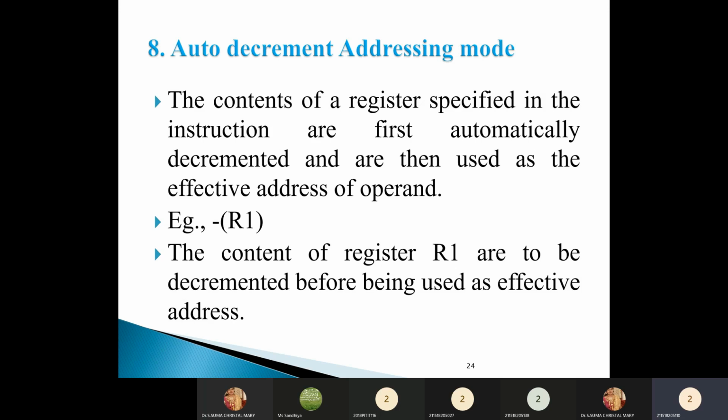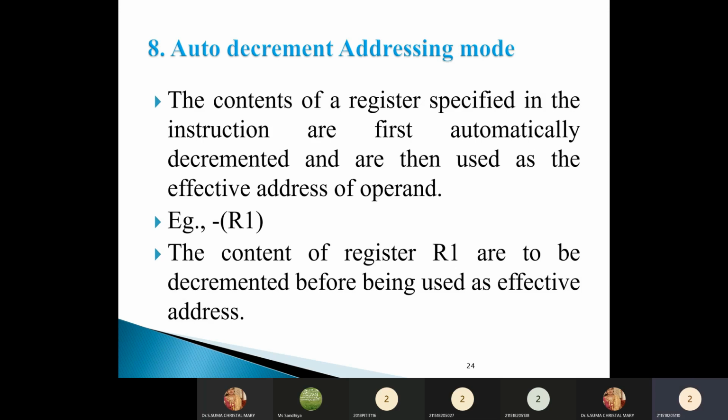The contents of a register specified in the instruction are first automatically decremented and then used as the effective address of the operand. For example, minus R1: the content of register R1 is decremented before being used as the effective address. Hope you understand this auto decrement addressing mode also.